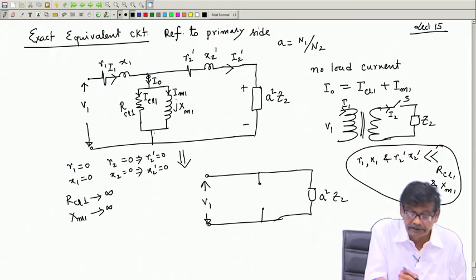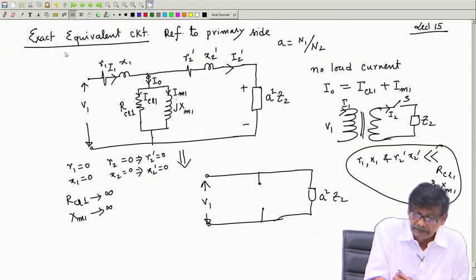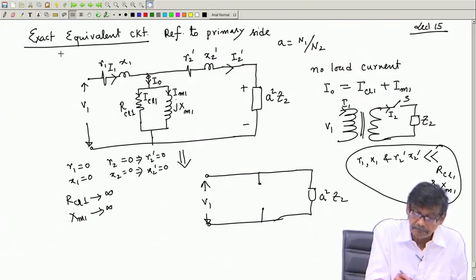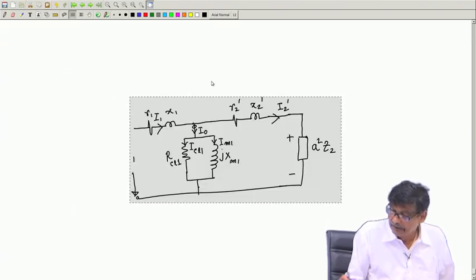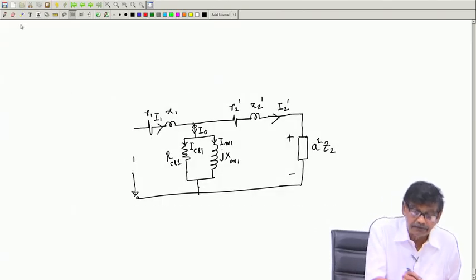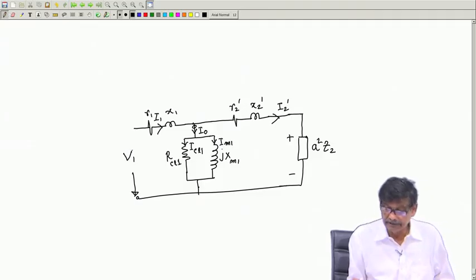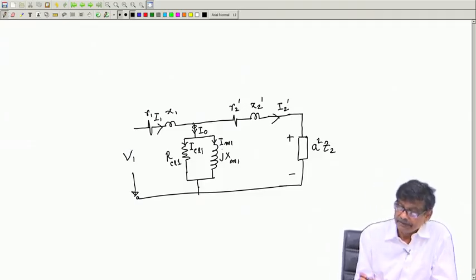Okay, I will take it better, draw it in a separate page. So, this you remember, it is the exact equivalent circuit. Suppose it is the equivalent circuit, this is V 1. This is the equivalent circuit we have seen.